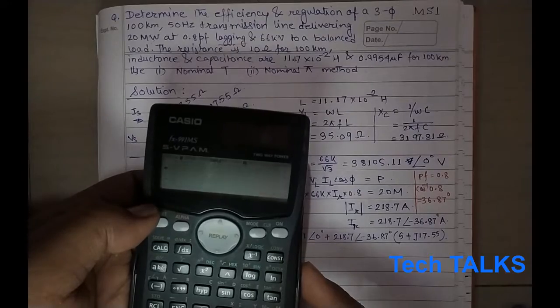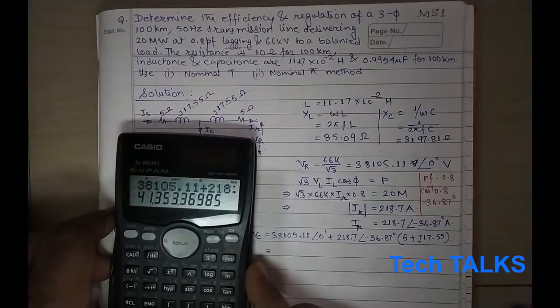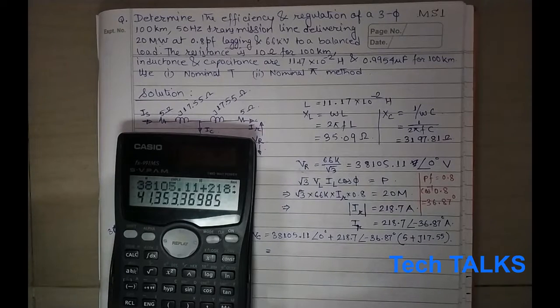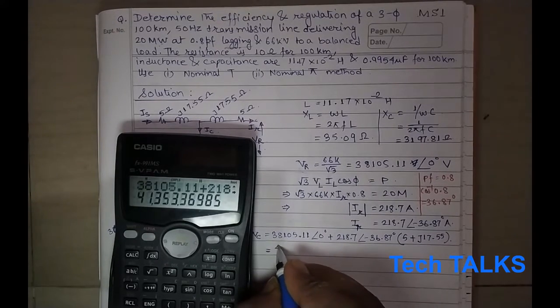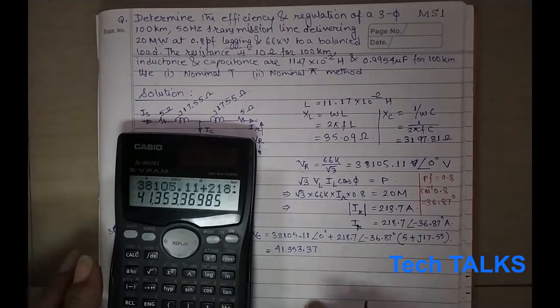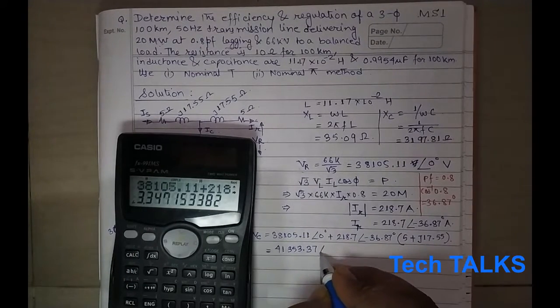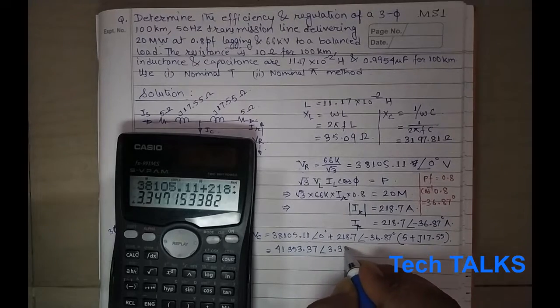Okay, so what is the answer? The answer is 41353.37 at an angle of 3.35 degree voltage.